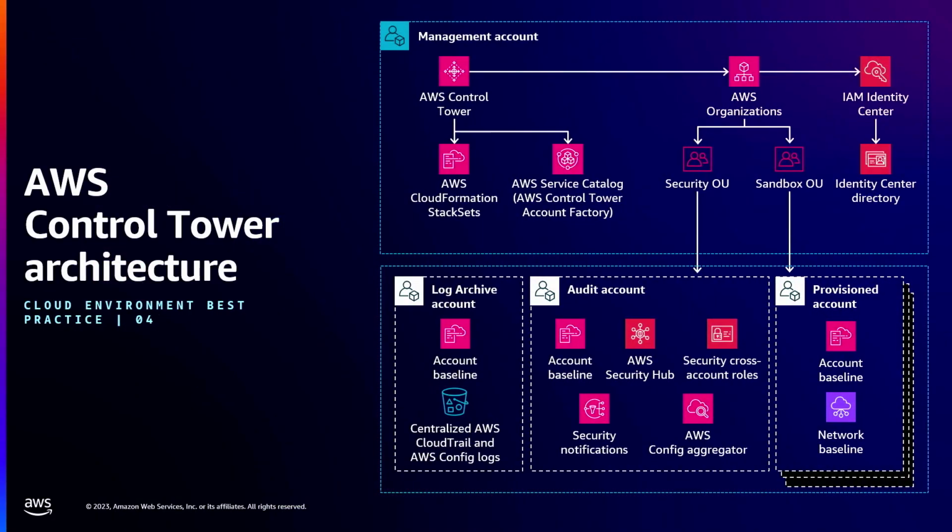So bringing it all together, we have a service, Control Tower, that I mentioned a few times that helps you set up your environment with best practices that we just talked about. It's a unique service. Today, it orchestrates 14 different AWS services, including AWS Organizations, Identity Center, Config, CloudTrail, and more.